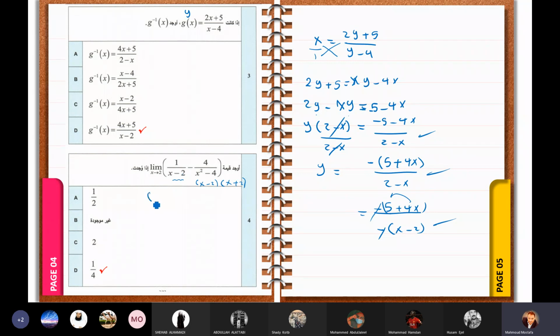When you multiply, the numerator will be x plus 2, and the denominator will be x minus 2 times x plus 2 for both. So up we have x plus 2 minus 4, it's x minus 2, correct?